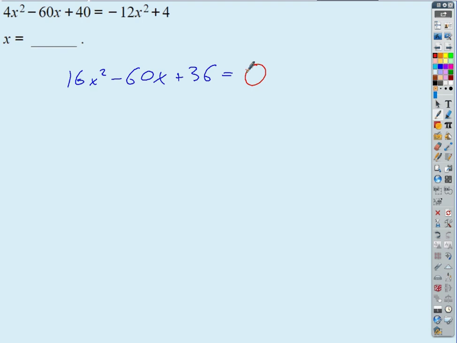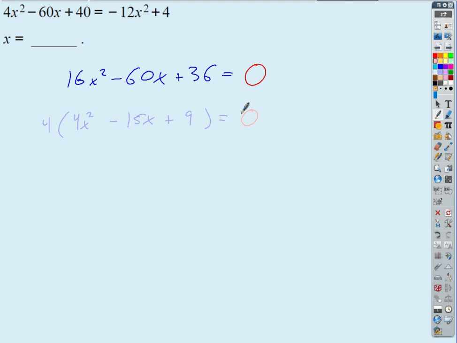Okay, so if I'm trying to solve this equation, what do I do next? Yeah, good. I could factor out a 4, couldn't I? Right? If I factor out a 4, what's left behind? 4x squared minus 15x plus 9.